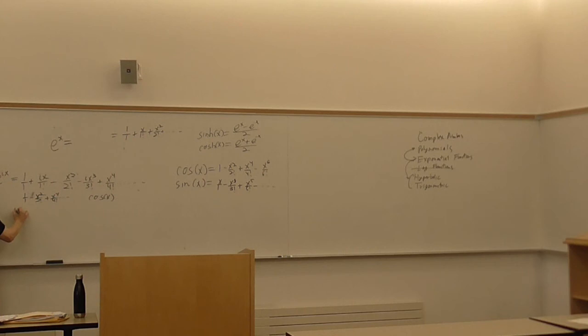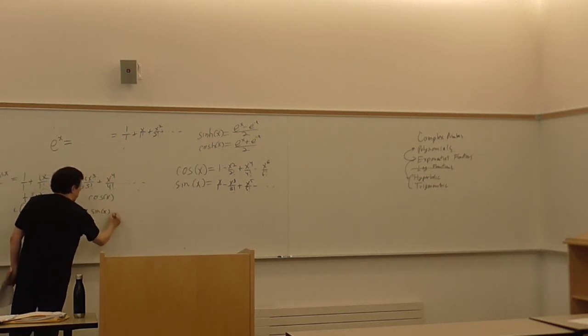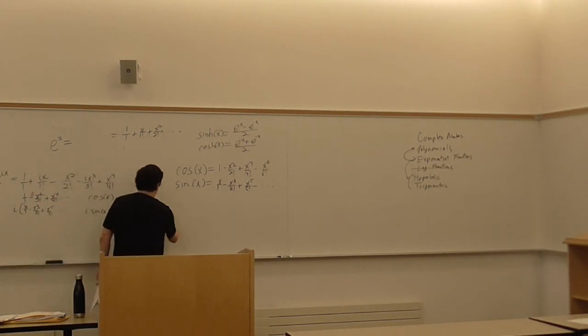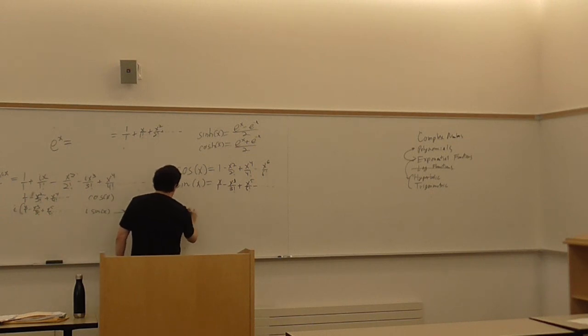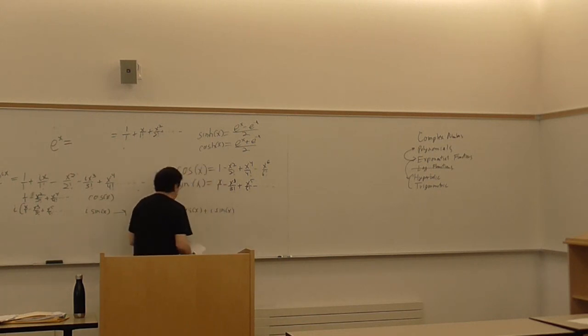For the imaginary parts, I get x minus x cubed over 3 factorial plus x to the 5th over 5 factorial, the expansion for sine of x. And this tells me something really kind of amazing. e to the ix equals cosine of x plus i sine of x.